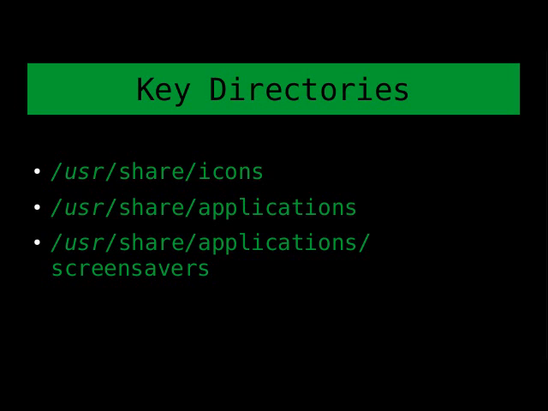And then user share applications. That's for all your programs. The programs that are used to edit things, your games, all kinds of stuff. Settings applications are in there. They've got a bunch of these desktop manifests, and these desktop manifests are oftentimes used as launchers.